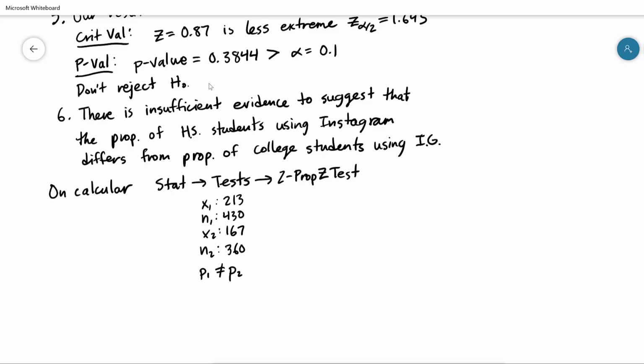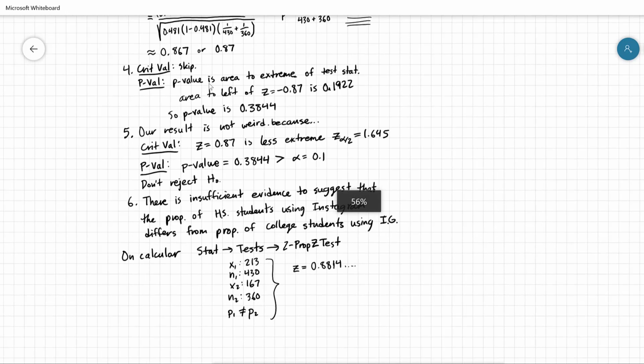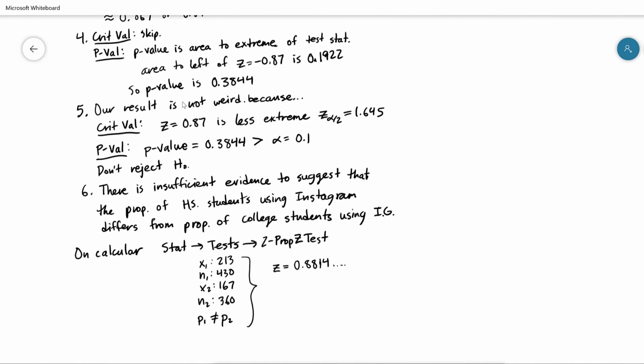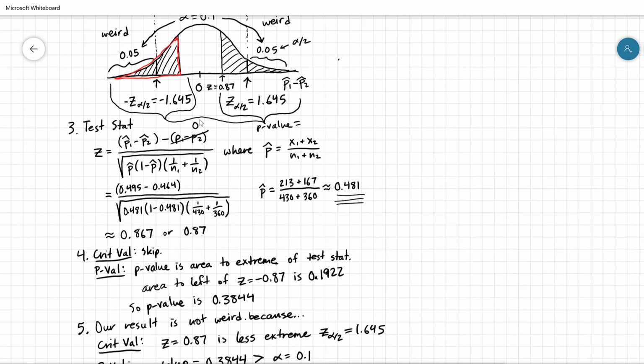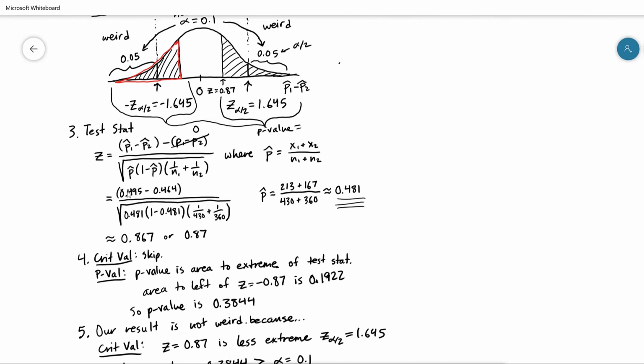It spits out a couple of things for me. So it spits out the z-score, and in this case the z-score is 0.8814... It's a little bit different than the 0.87 that I found. I got this 0.87 because I used rounded versions of all of these numbers.